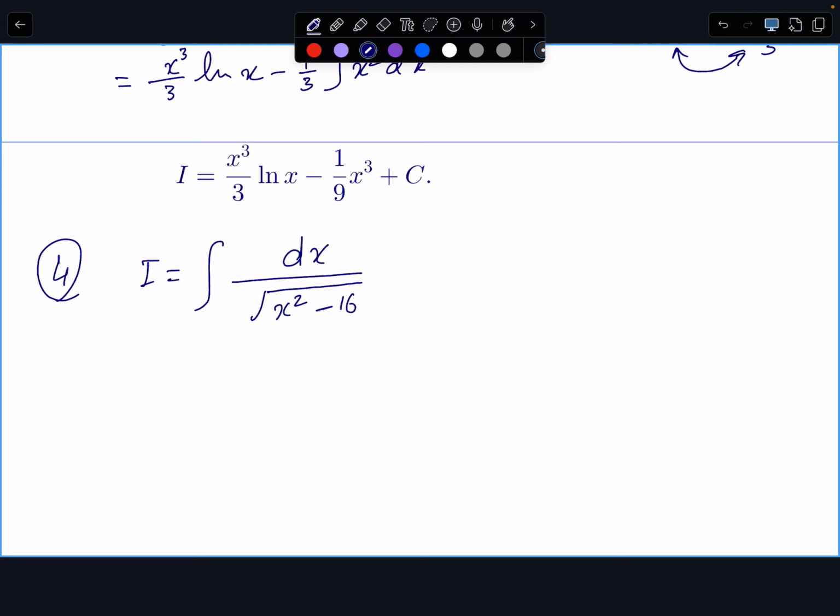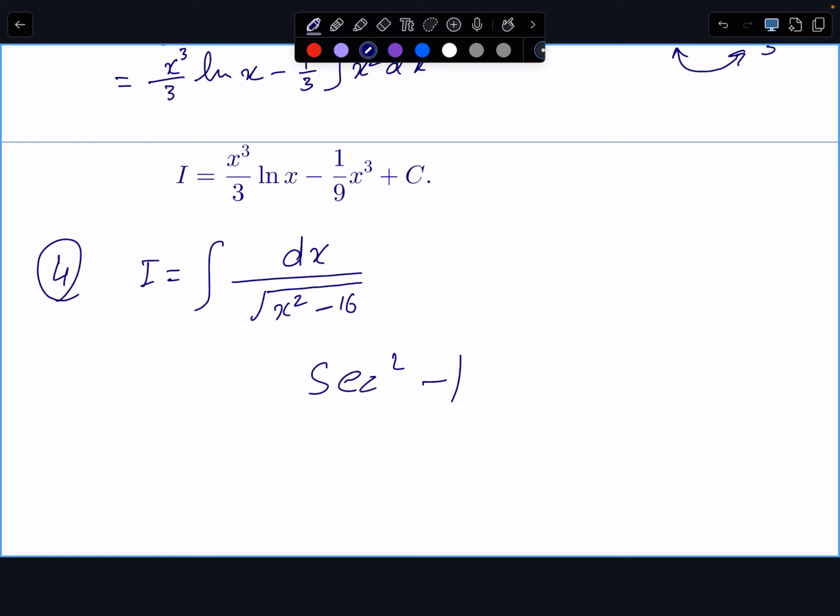If we have 1 minus x squared, it's going to be 1 minus sine squared. But here we have secant squared minus 1. See? Look at this one. This is the format of secant squared minus 1. We need to get secant squared minus 1. Therefore, x must be equal to secant.